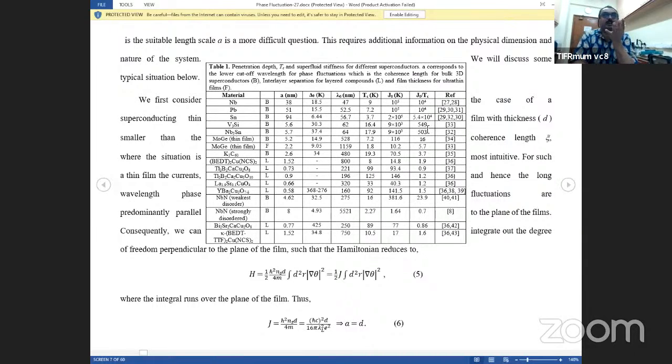So if I take J by Tc, here it's of the order of 1.2. So these are all of the order of 1, 1.2, less than 1, which means that for these compounds, you have the phase fluctuation that can play a very important role.